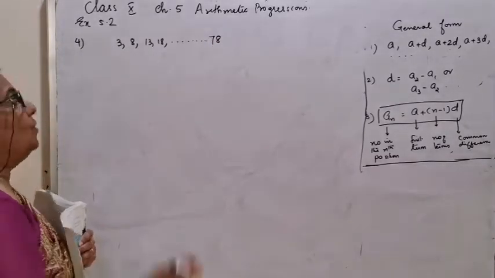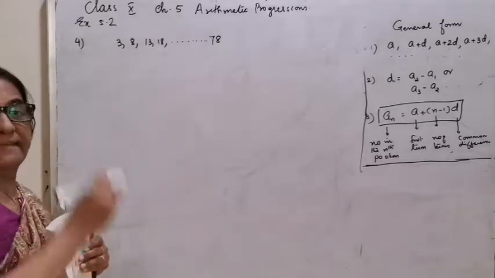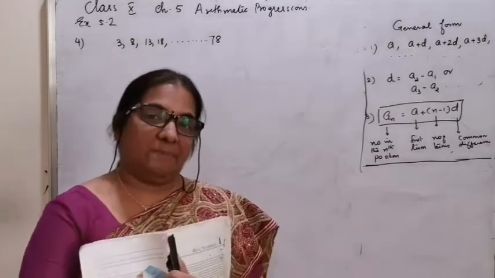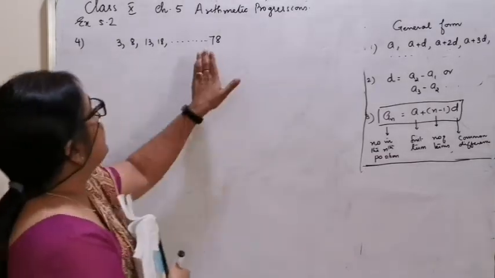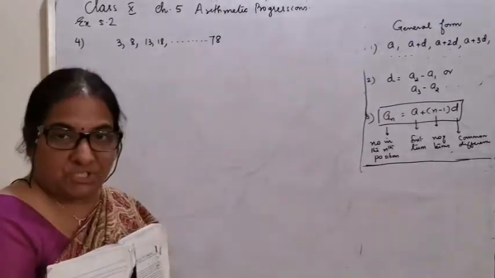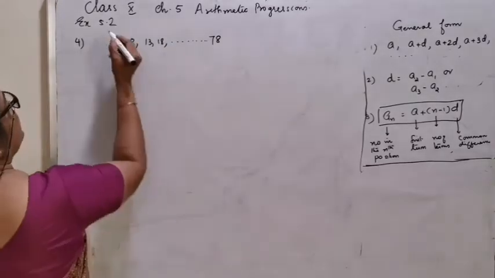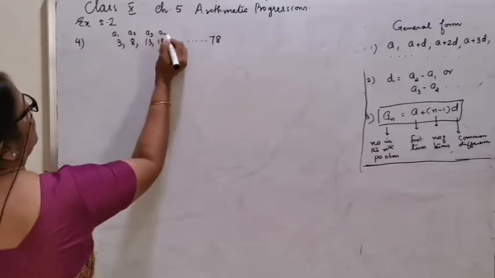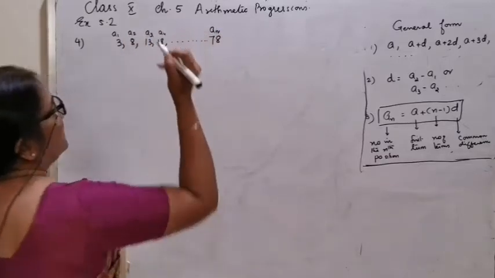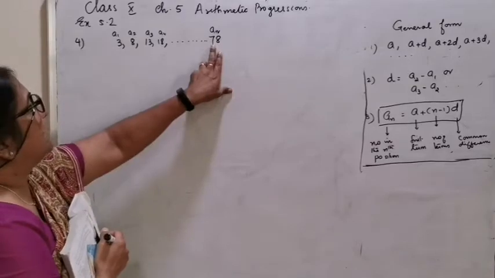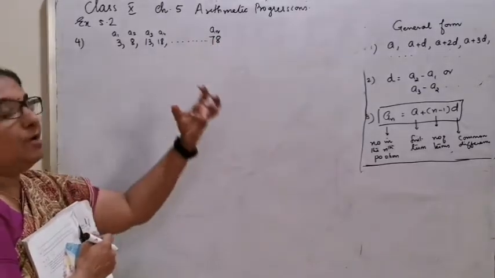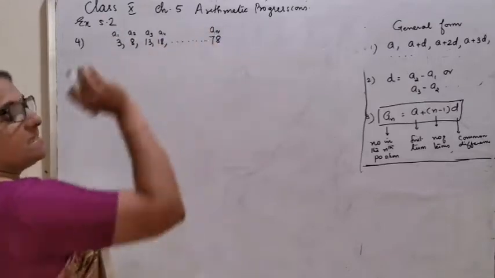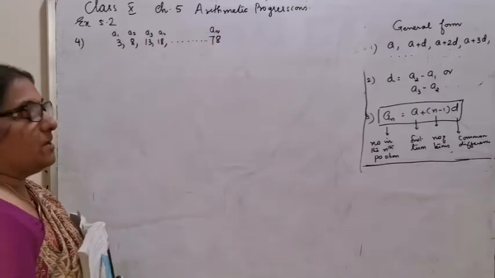So we don't know which position the number 78 is in, that is which term of the AP. The question is 78 is in which position. So it is given as A1, A2, A3, A4, etc. AN. We don't know what is the position of number 78 in this sequence. That is the meaning of the question.